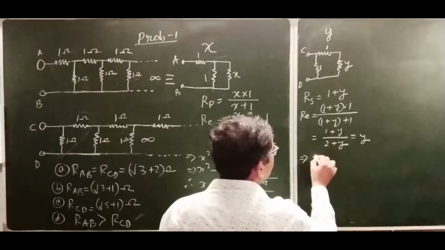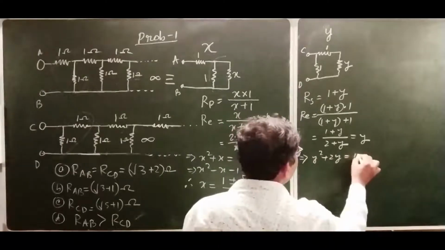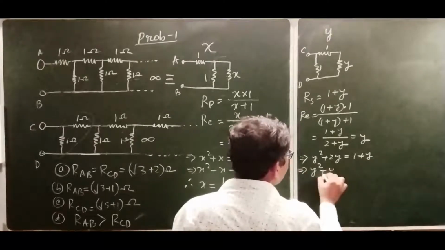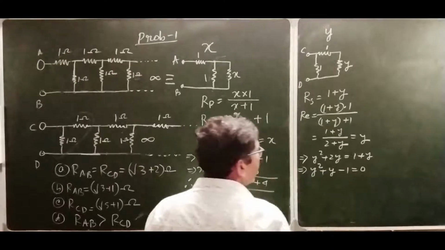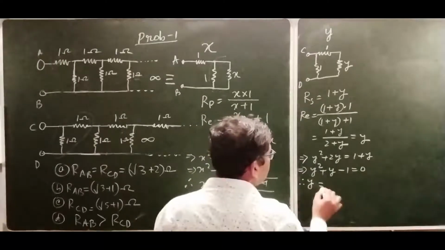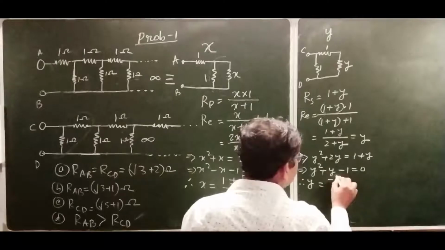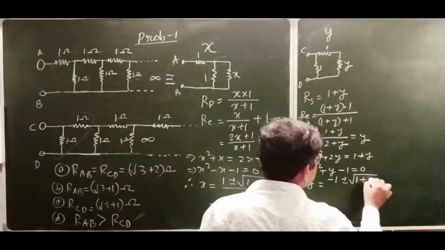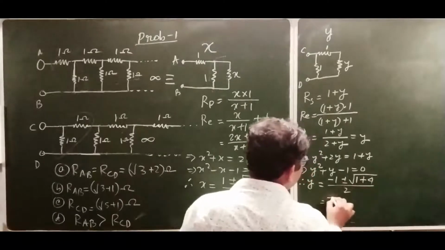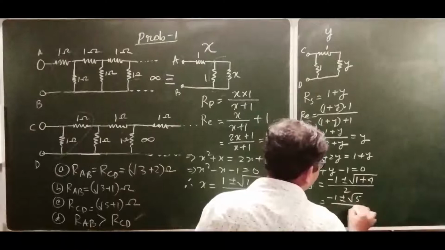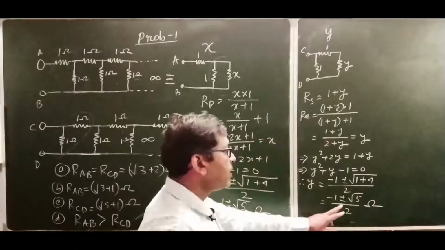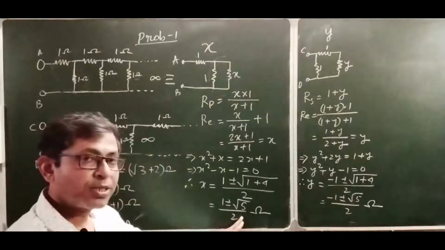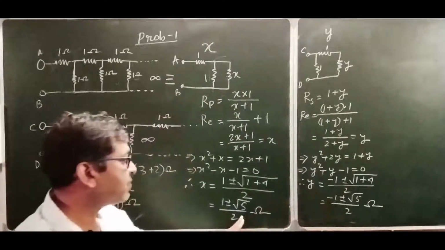So it is Y square plus 2Y is equal to 1 plus Y. Finally, the equation comes Y square plus Y minus 1. So by Sridharacharya's formula, it will be equal to this. So clearly this value is less than this value.